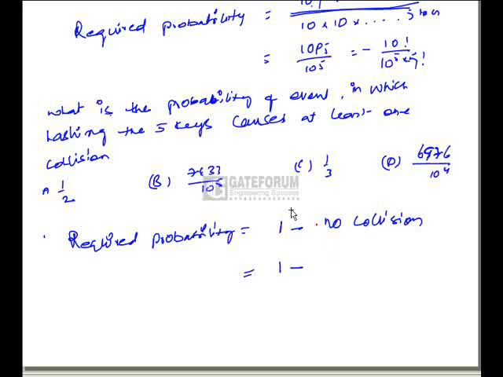Just now we have solved no collision: 10 factorial by 10 power 5 into 5 factorial. So 1 minus 10 factorial by 10 power 5 into 5 factorial, which is equal to 6976 by 10 power 4, which is option D.